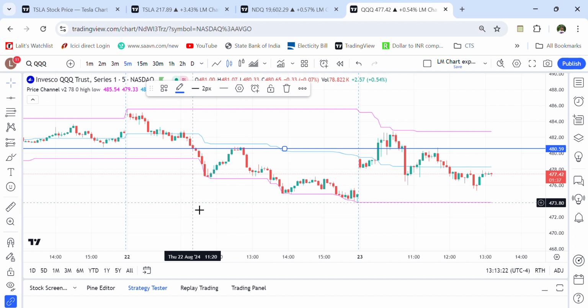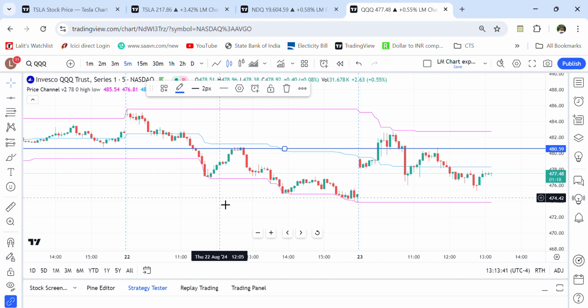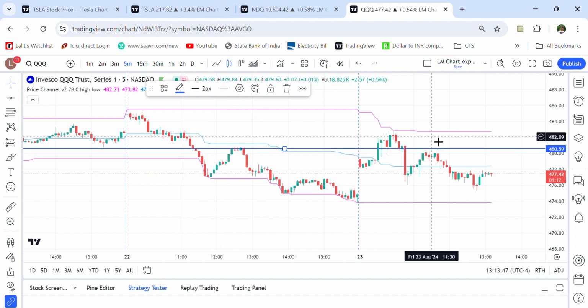So this concept will help you understand that you should not buy puts at really low levels, and you are not buying calls at really high levels where it might be a resistance and the stock can pull down. So just try this out.